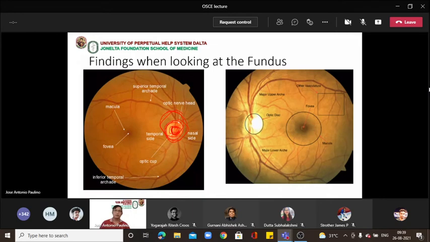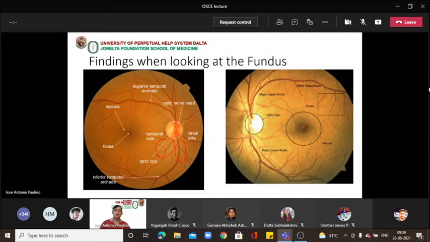The cup disc ratio is the ratio between the optic cup and the optic disc. The usual finding is 0.3 or 0.4. If you have a cup disc ratio of greater than 0.5, that will point you towards a diagnosis of glaucoma. After doing the cup disc ratio, you look at the blood vessels. So these ones.